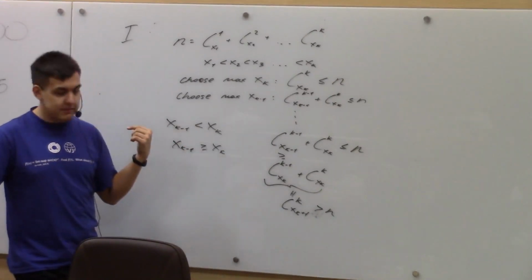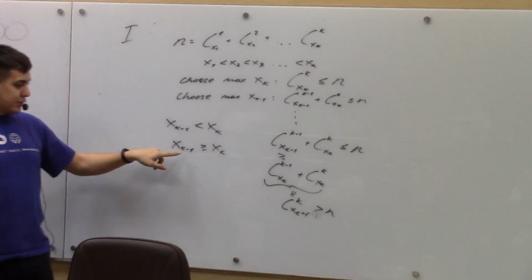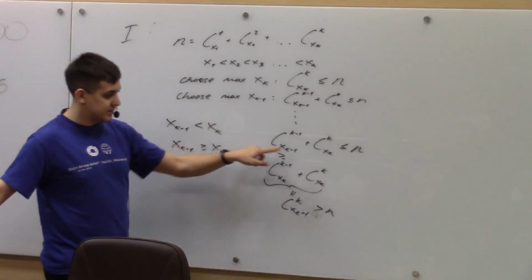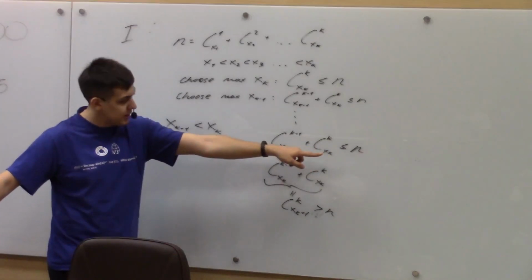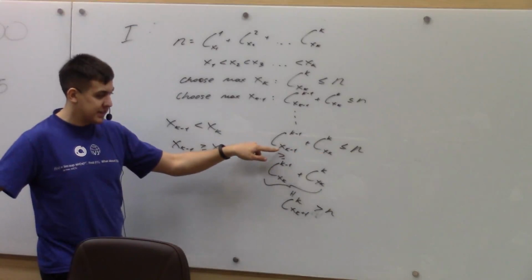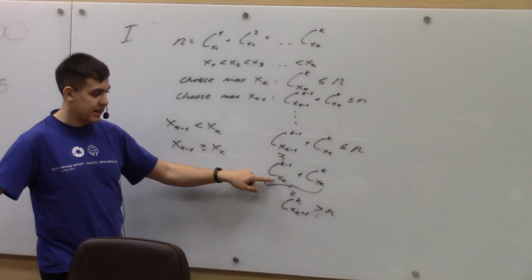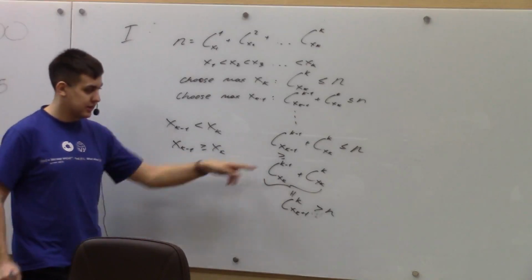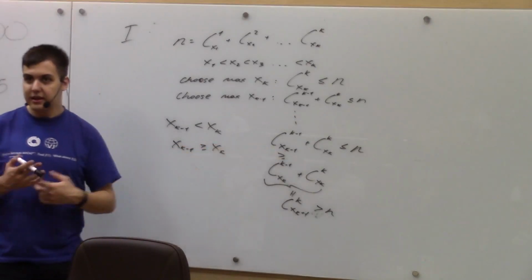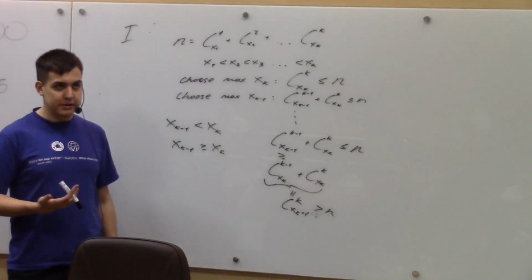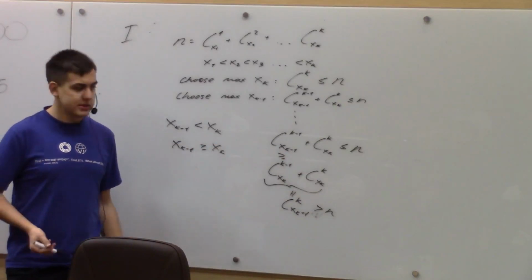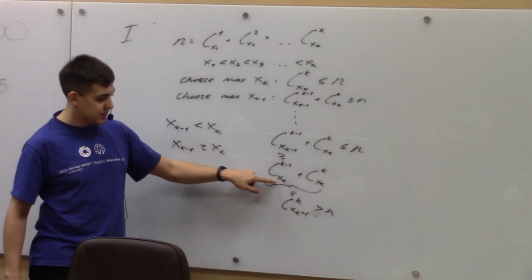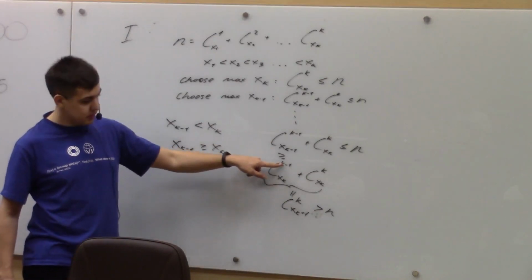So each xk that we choose on the next iteration cannot be greater than the previous xk, because suppose that xk minus 1 is greater than or equal to xk, then this sum is less than or equal to n. But if we replace xk minus 1 by xk, we made the number smaller, since if we increase the number in a binomial coefficient, then the value is increased. So this is greater than xk choose k minus 1.